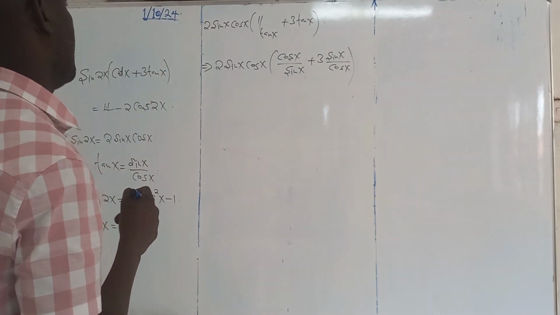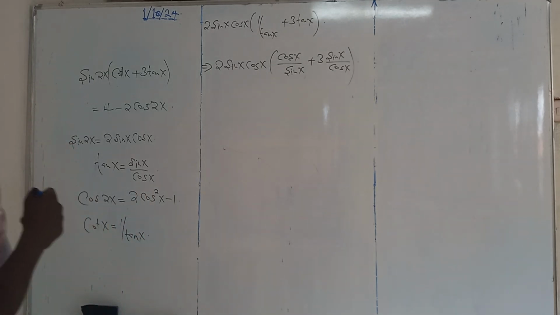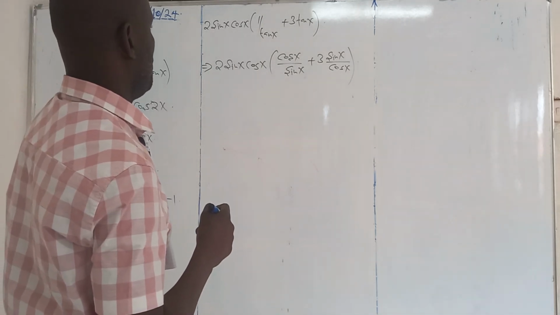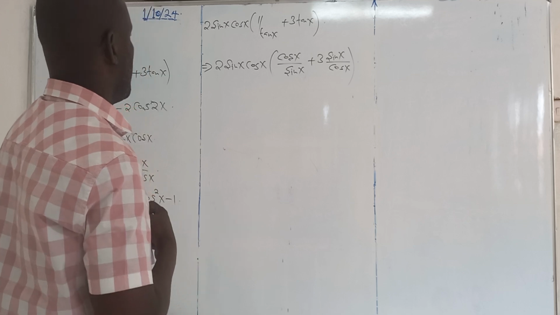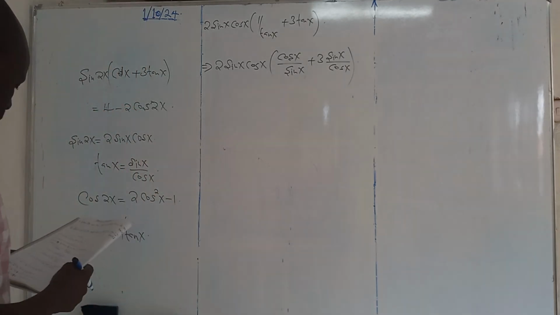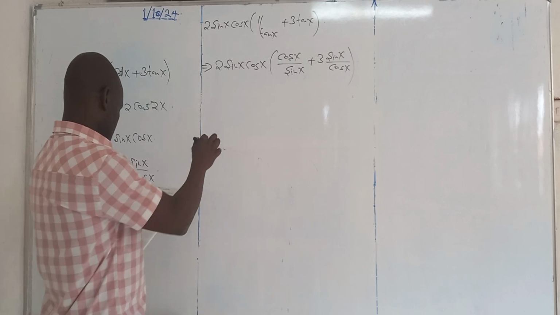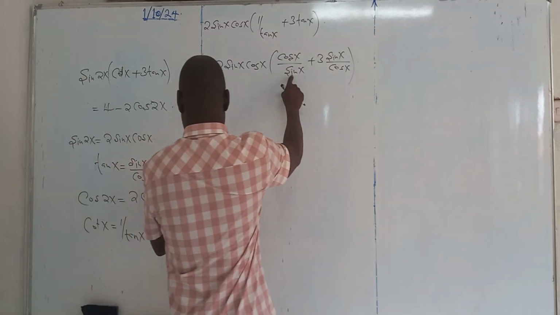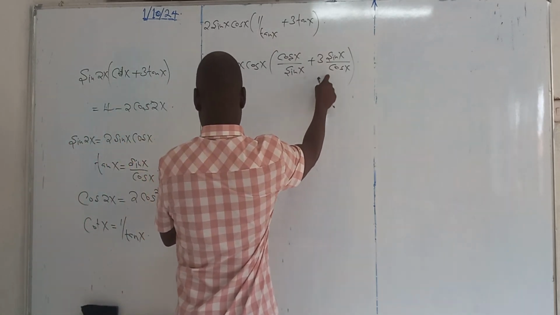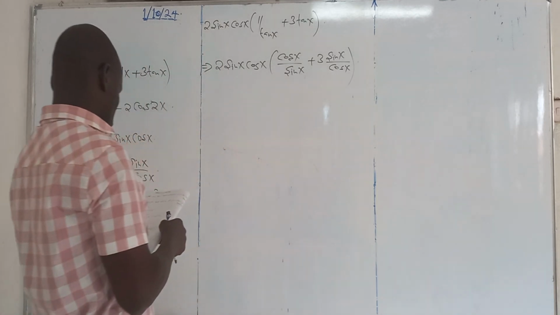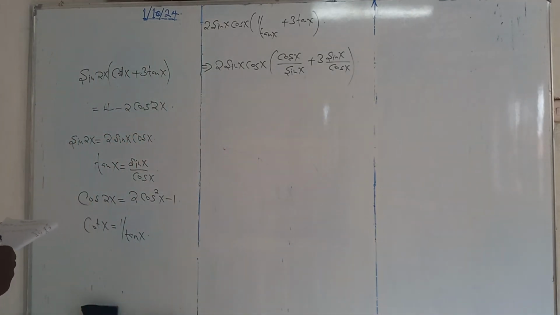Then the second thing that I want to do is to divide each term. So I already have 2 sine x, then that is this, and that. So the next step, having put it in that form, 2 sine x into that, I can open the bracket.